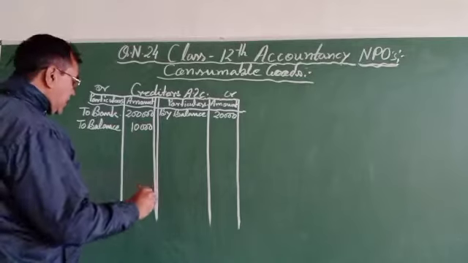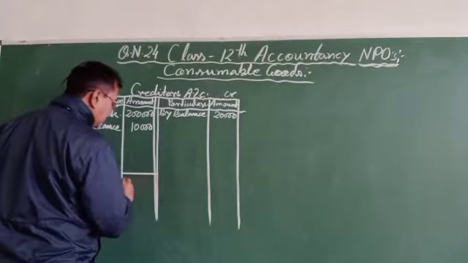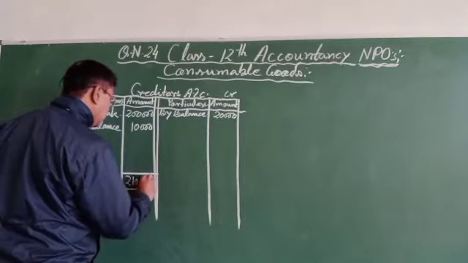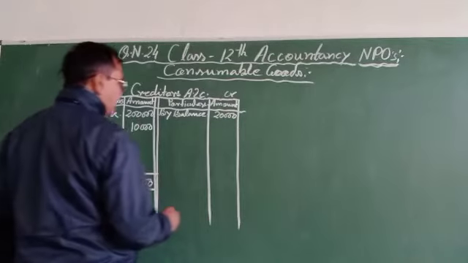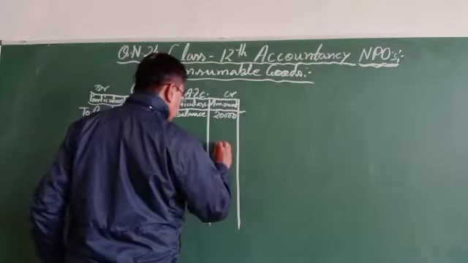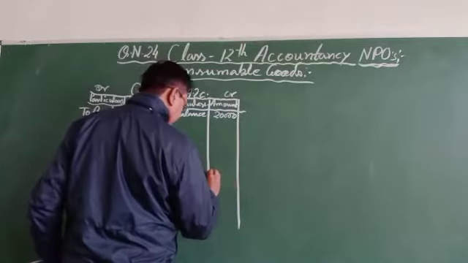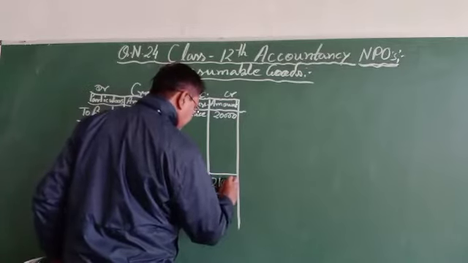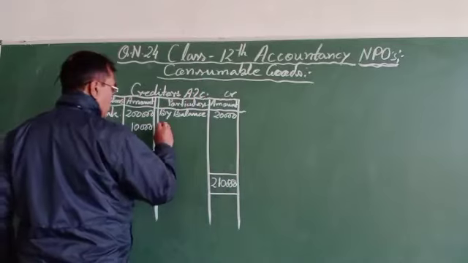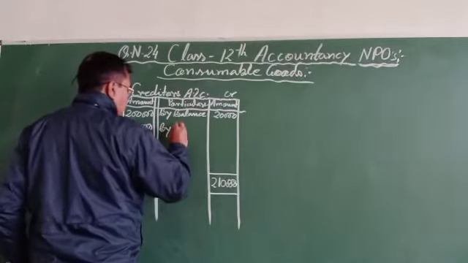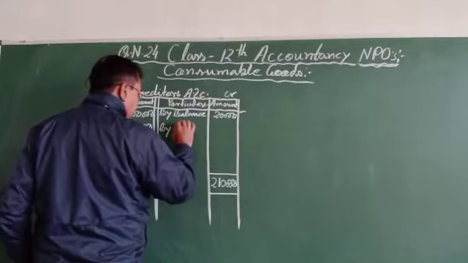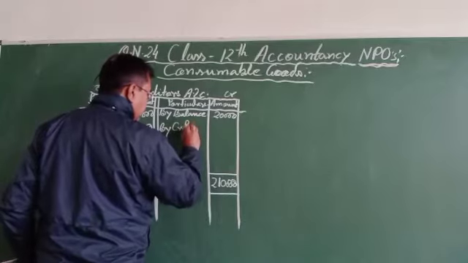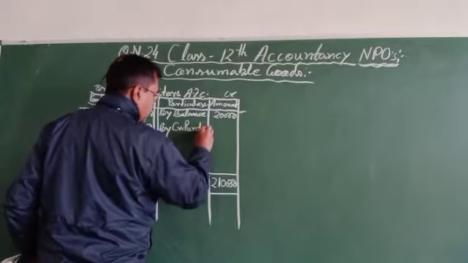Now we can ascertain the credit purchase during the year. 2,10,000 minus 20,000 is the balancing amount. We write 2,10,000 by credit purchase, by purchase account.